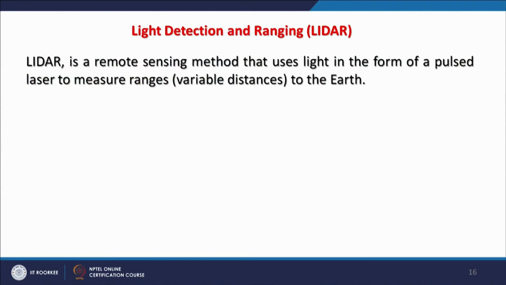Now another example is from Lidar. Lidar is a light detection and ranging technique. I am not going into detail of how Lidar really works, but Lidar generates the DSM, the digital surface model.